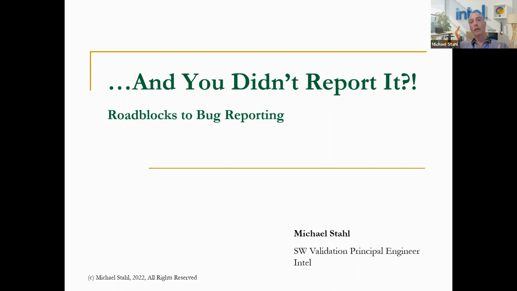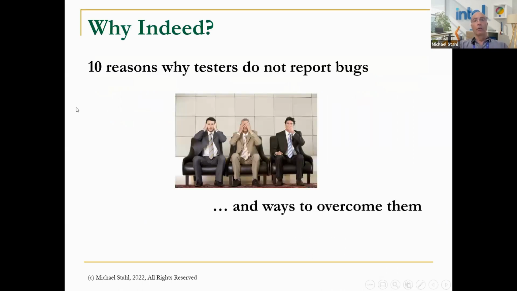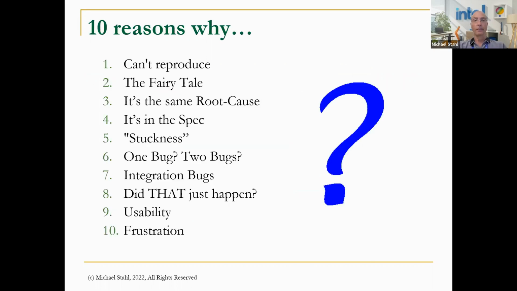I think that being aware of the fact that these things happen already improves the chances that we will report all the bugs that we encounter, but I will also give some ideas of how to overcome this. So: 10 reasons why testers do not report bugs, and some ideas of how we can overcome this. This is the whole list. You don't have to memorize it, no exam at the end.